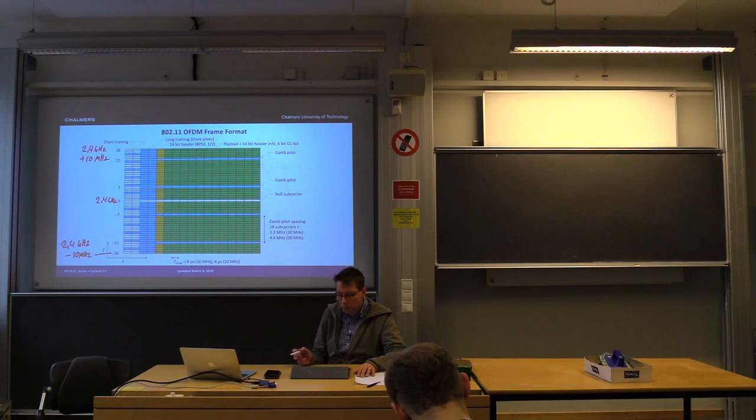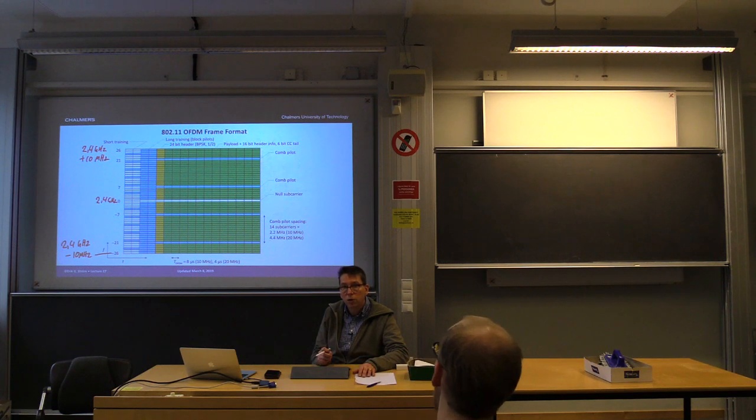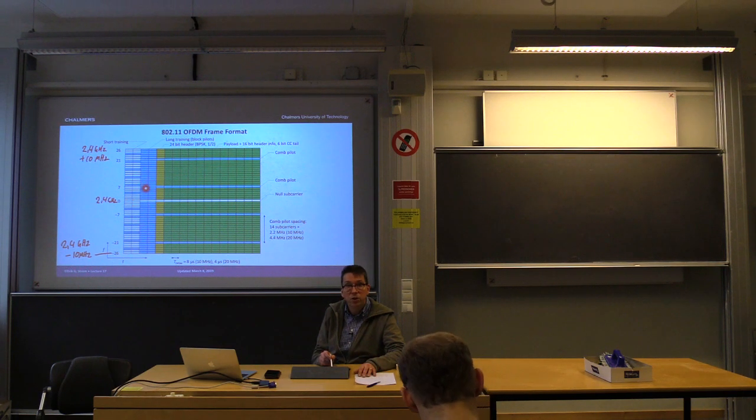And then each rectangle here specifies a symbol, a QAM symbol. The white part is empty, there is no power here. The blue part here is for synchronization, channel estimation, things like this. So the blue part doesn't carry any data.